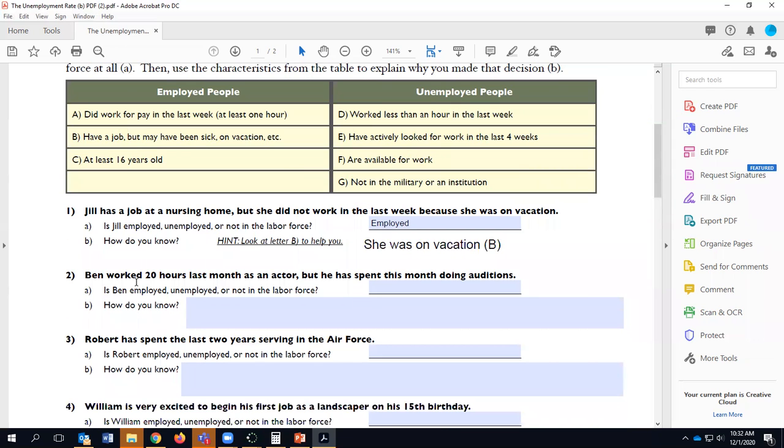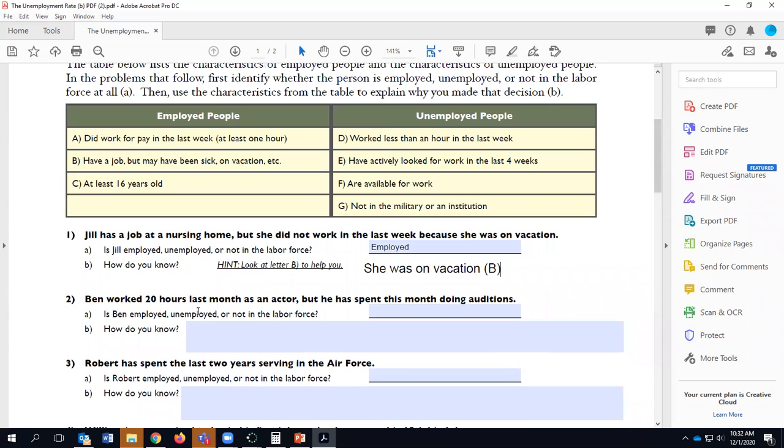All right, Ben worked 20 hours last month as an actor, but he has spent this month doing auditions, so he was looking for a job. So is he employed or unemployed? He spent the last month looking for a job. He's unemployed.